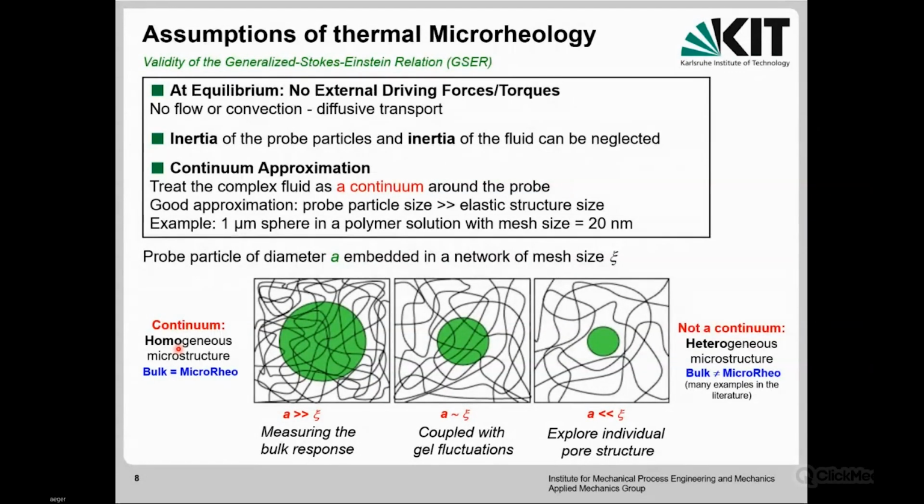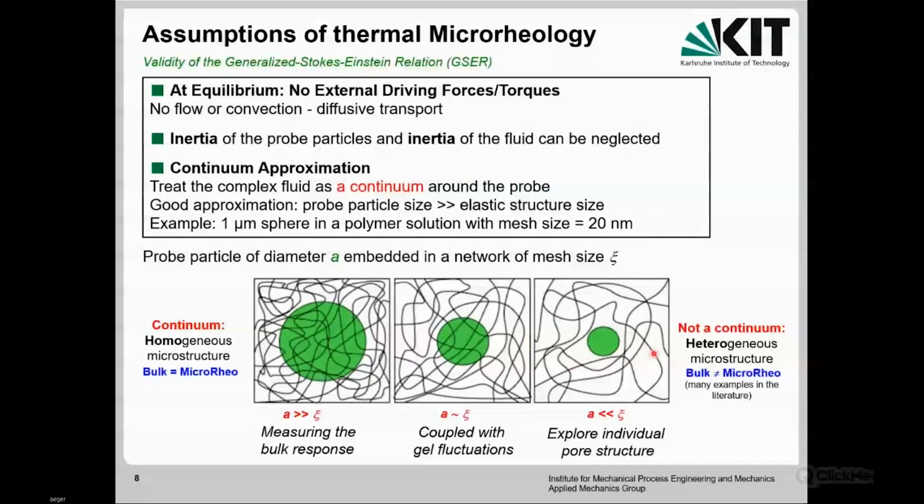And this is happening when you are dealing with a quite homogeneous microstructure. But on the other extreme, when your tracer particles are smaller than the mesh size, as shown here, you are sensing not the elasticity of your network, but the viscosity of your solvent. In that case, of course, microrheology gives different results than bulk rheology.